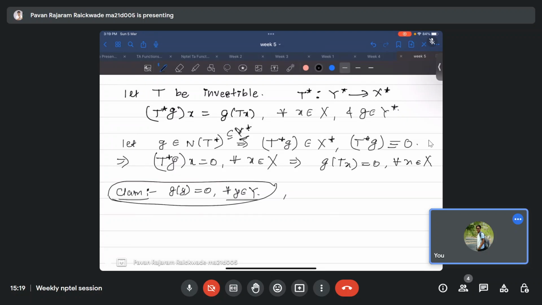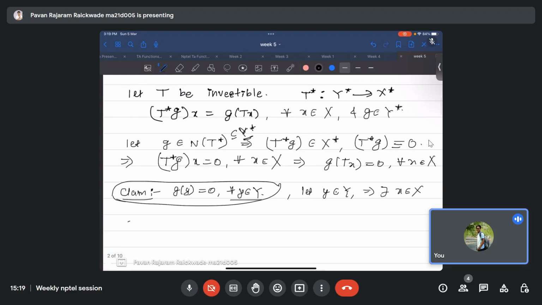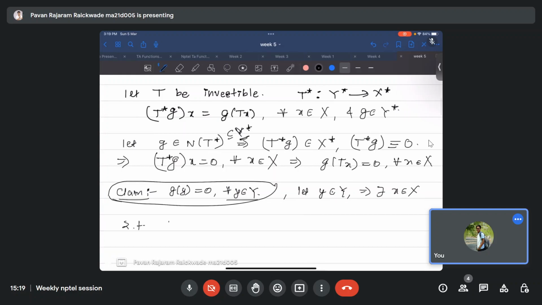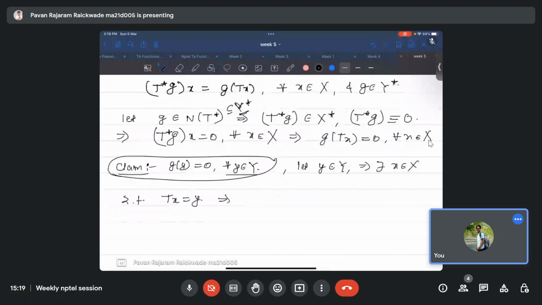This is very easy. You take any y in capital Y. Since T is invertible, T is onto. T is onto implies there exists an x belonging to capital X such that Tx is y. Now Tx is y implies G of Tx equals G of y.